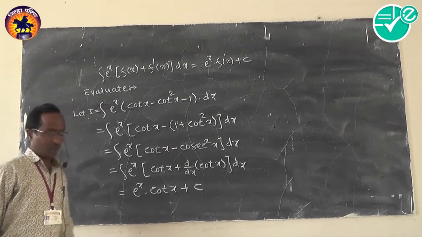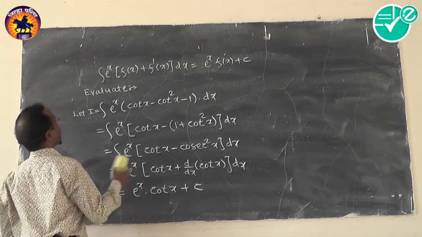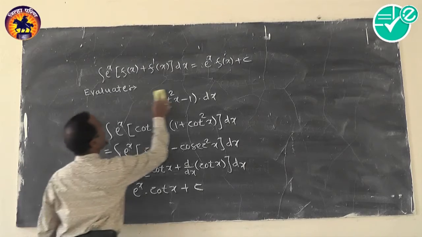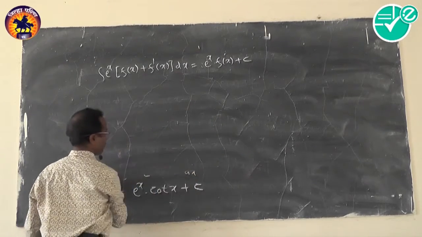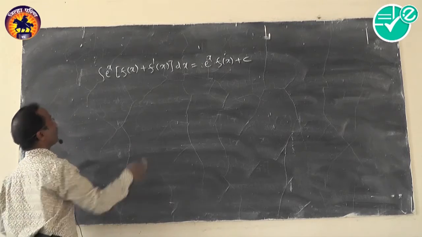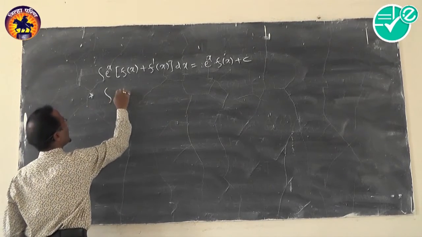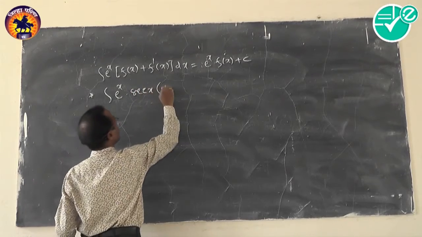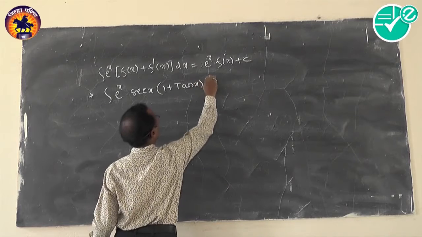Now we are going to take the next example. Second example: integral of e to the power x into sec x into 1 plus tan x dx.